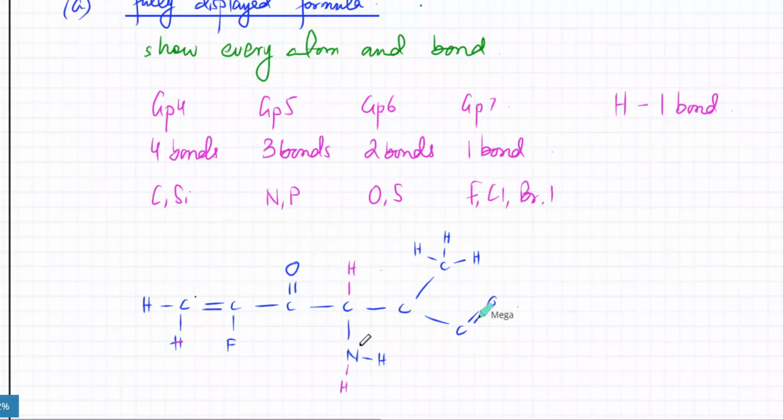And this carbon is not correct. It should have 4 bonds, so we can add an H. I'm just randomly adding H. This carbon, is it fine? Yes. And this one has 3 bonds, so that's not fine, so that's going to be the 4th.